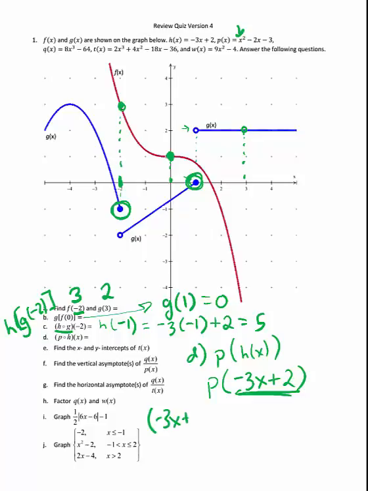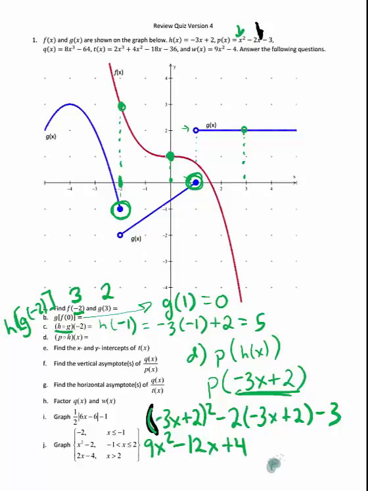negative 3x plus 2 squared minus 2 times negative 3x plus 2 minus 3, which becomes 9x squared minus 12x plus 4. Distribute negative 2, and we get plus 6x, and then minus 4 and minus 3.